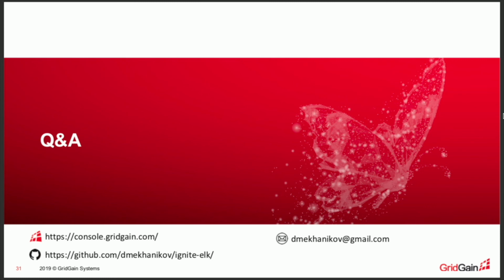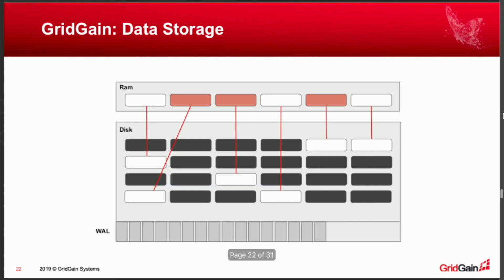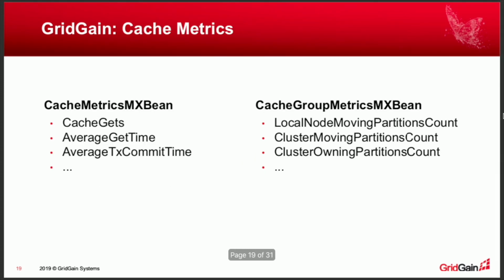So this is the second question: are metrics and JMX local? I mean, for example, cache statistics. Are they aggregated, or are they per single node? Metrics for caches are cluster-wide, so you can enable them for a cache, not for a node.